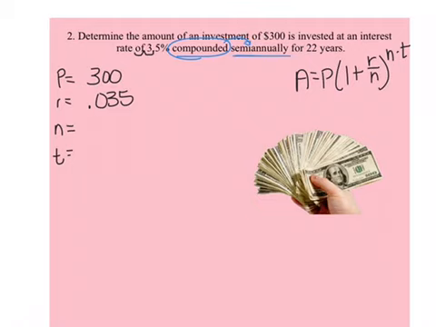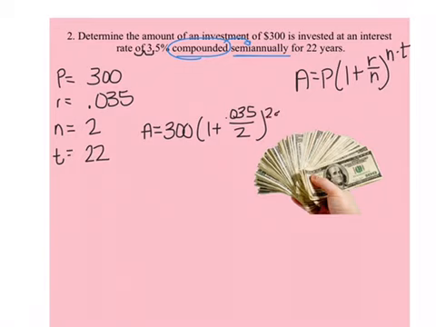Look at your table, it tells me I get it twice a year. And then T is how many years. I'm going 22 years. So I'm going to plug that in. I'm going to get A equals 300 times 1 plus my rate divided by my N, all to my N times T power.